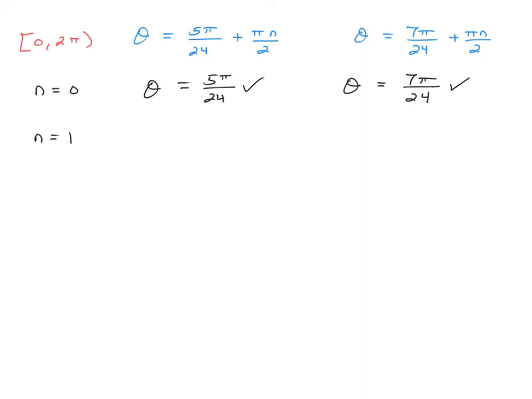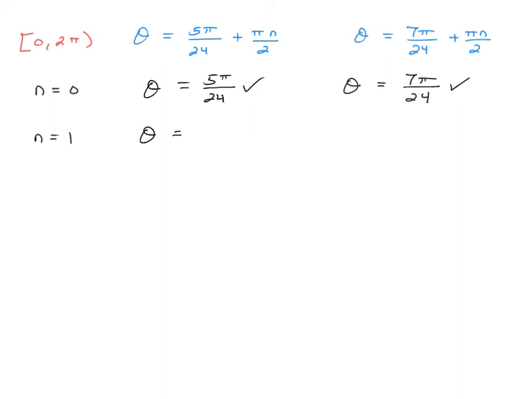Okay, what about n equal to 1? I think I'll do most of this computation on a calculator and just write down the answer I get to make sure we have enough room here. So theta is going to be equal to 5 pi over 24, and I'm adding pi over 2 to that.